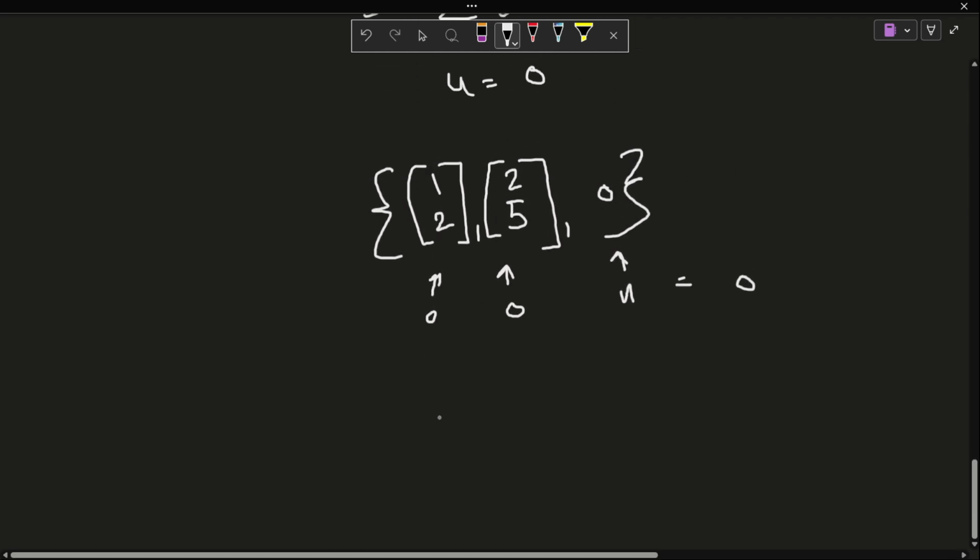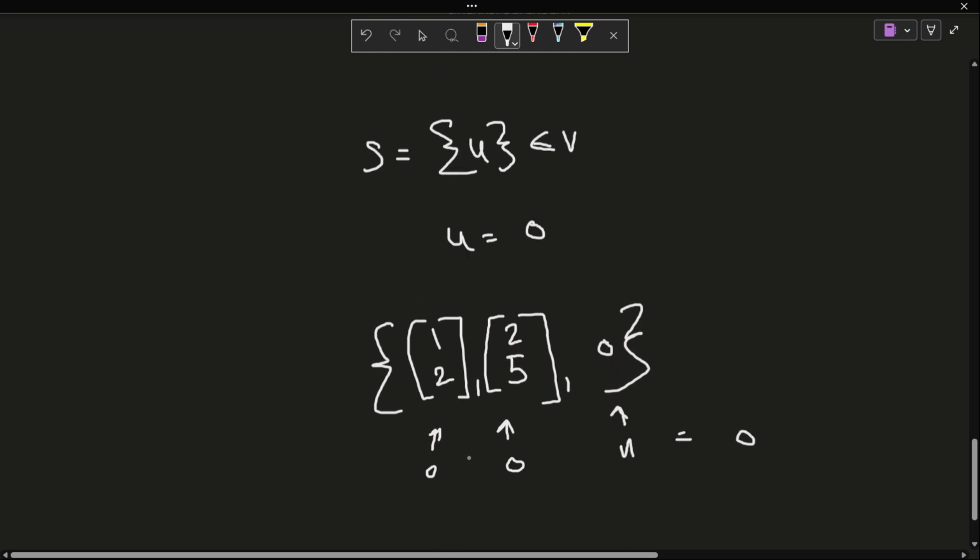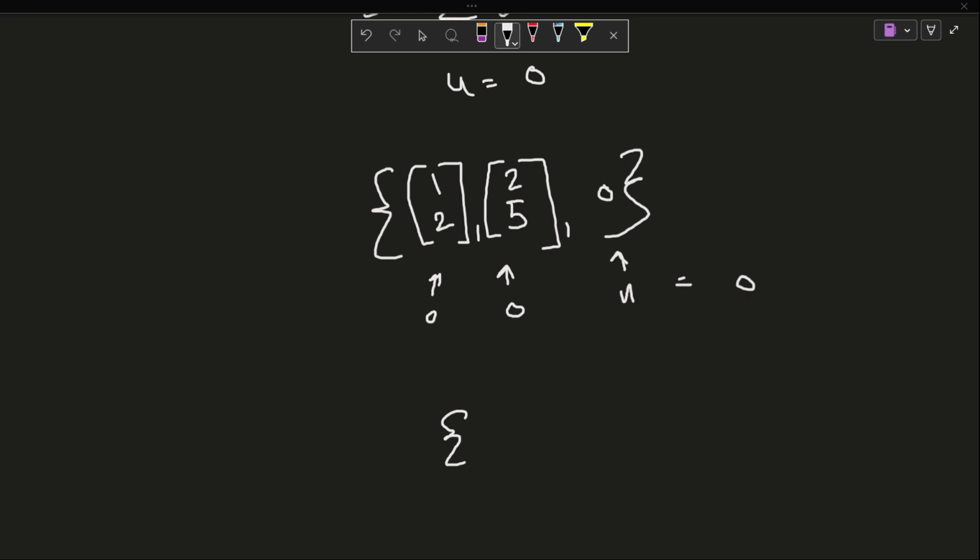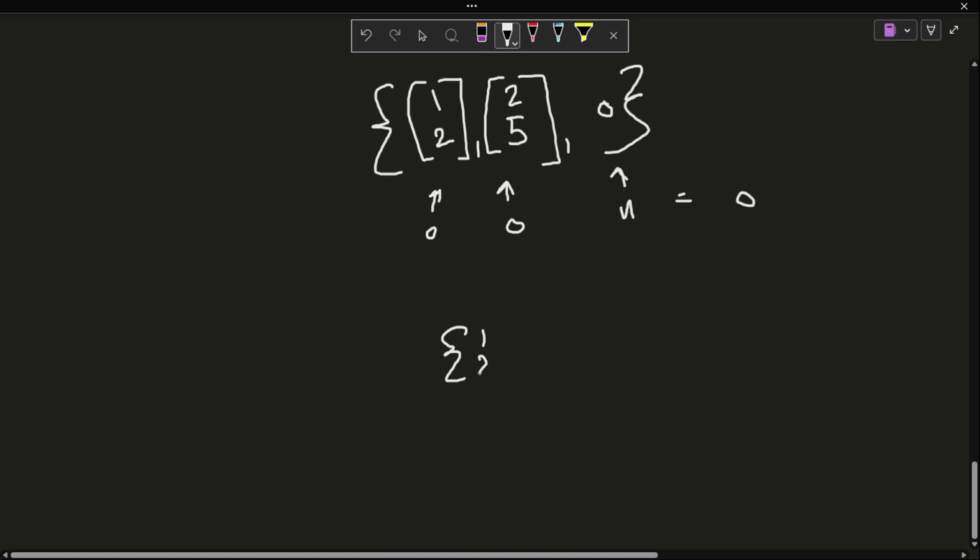This just makes sense because if you have these three vectors, and you take any subset, so if I take this subset or this subset, that's going to be linearly independent because these three are already linearly independent.